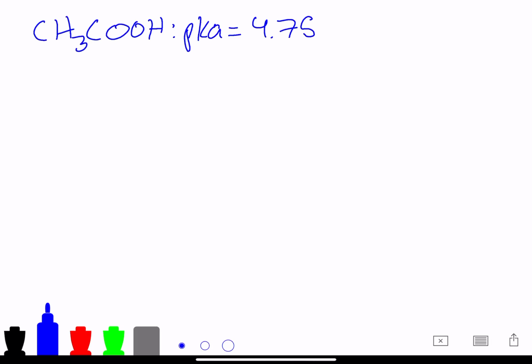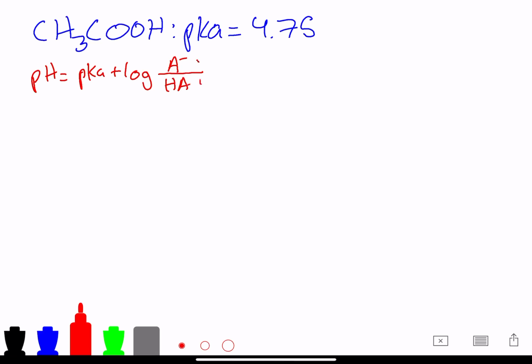To find the pH of a solution that has equal concentrations, if you recall the formula we had, pH is equal to the pKa plus the log of the concentration of the conjugate base on top and the acid on the bottom. Because we have the same number on top and bottom, we're starting with equal amounts of base and acid.